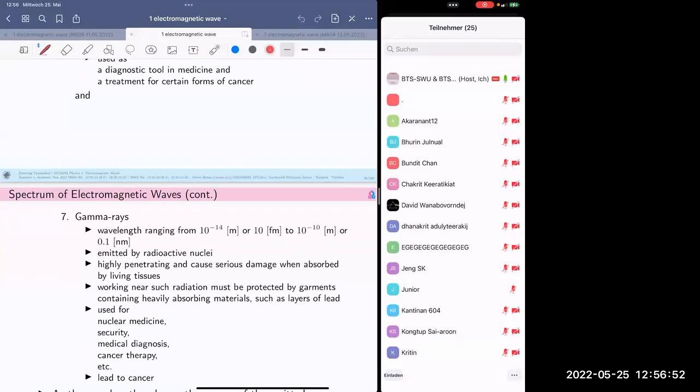The normal clothes would not be sufficient for us to protect against the gamma rays. You have to wear a garment that can heavily absorb the gamma rays, for example, several layers of lead. I think it's very difficult to have such clothes.